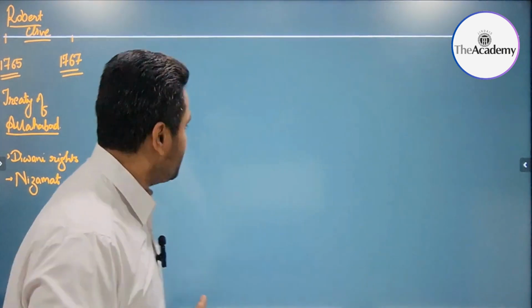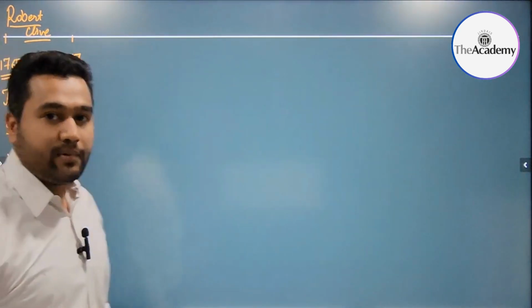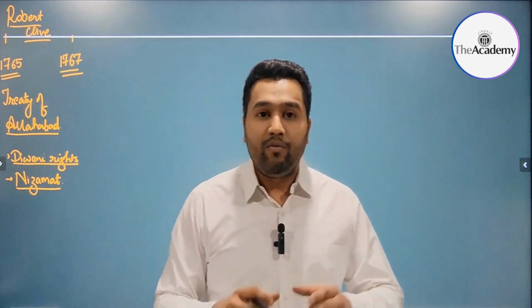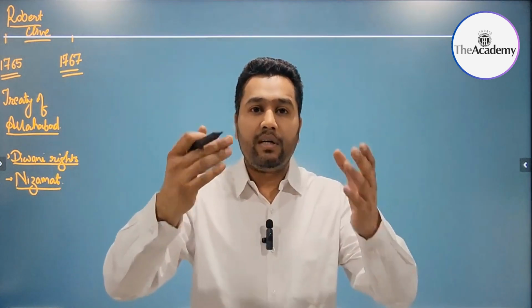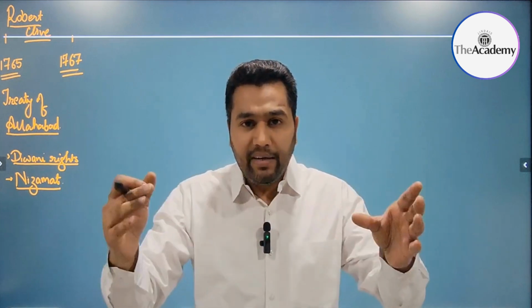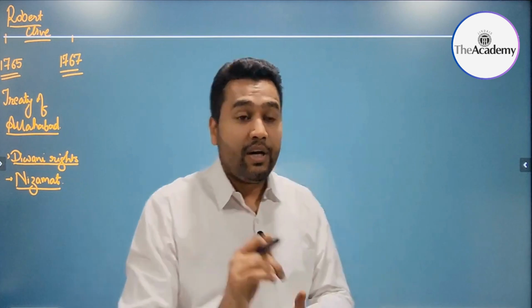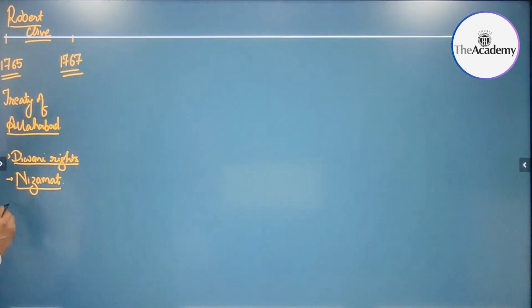This system, whereby the English controlled both Diwani and Nizamat, where the name of the Nawab as the sovereign ruler was maintained but the actual authority was exercised by the British, is termed the dual government.